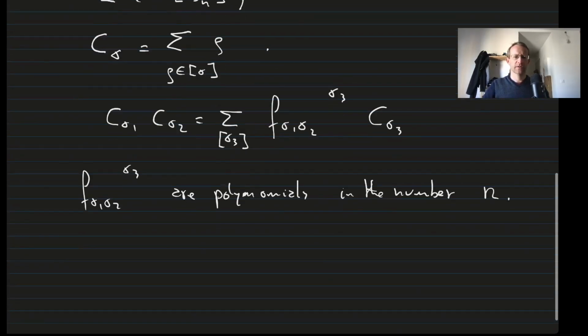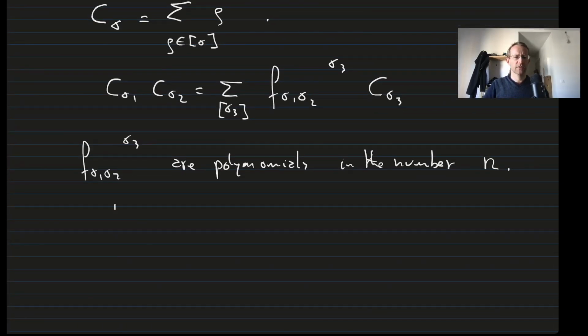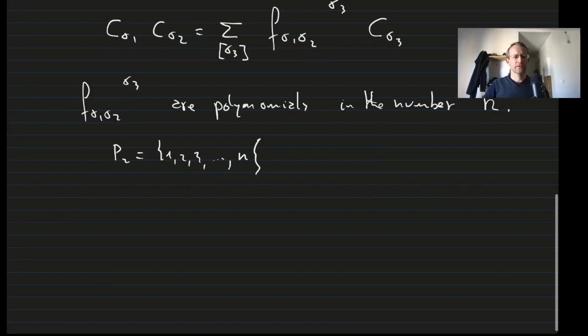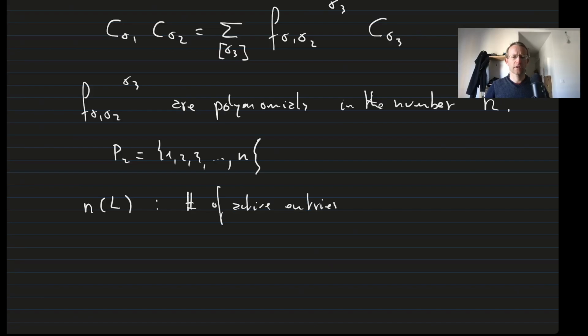Now, if we imagine that Sn acts on the set 1, 2, 3, all the way to n, then we can define the number of active colors or entries in this set, n_L, active under the pair sigma 1, sigma 2.